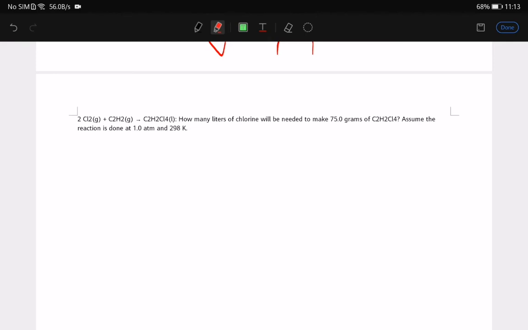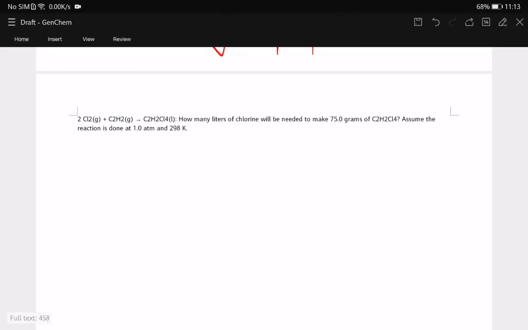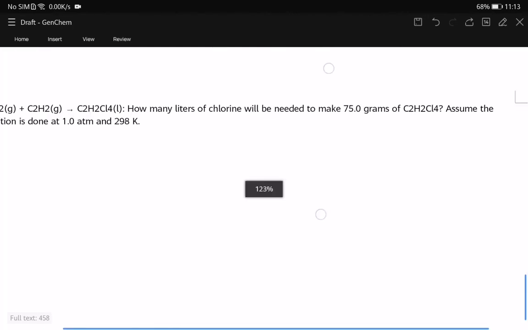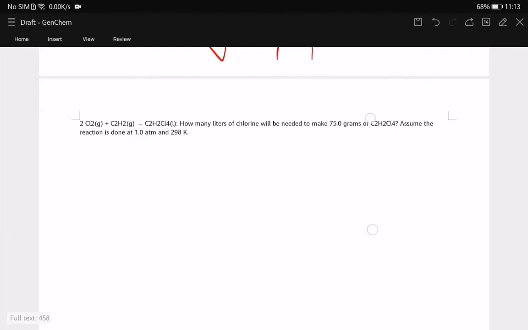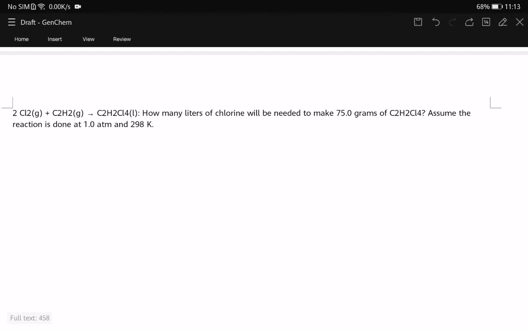So, a new problem again. Let's read it first and analyze the problem. 2 moles of chlorine gas reacts with, I think, acetylene, C2H2, to produce C2H2Cl4, which is, I think, your tetrachloroethane.